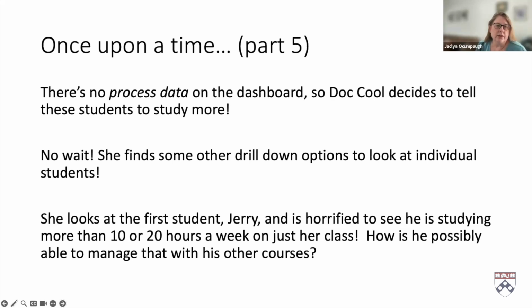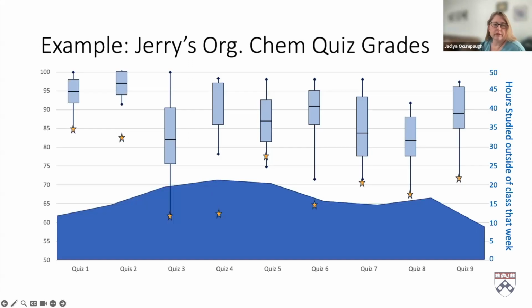She looks at the first student, Jerry, and is horrified to see that he's studying more than 10 to 20 hours a week just on her class. How is he possibly able to manage this with all of his coursework? So let's look at a dashboard that shows Jerry's scores against the box and whisker plots of the class average, right?